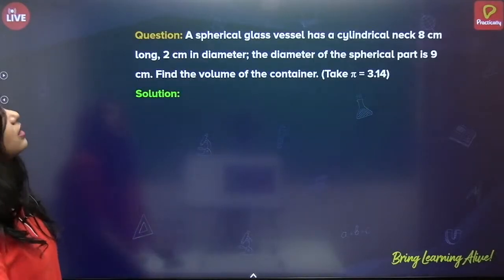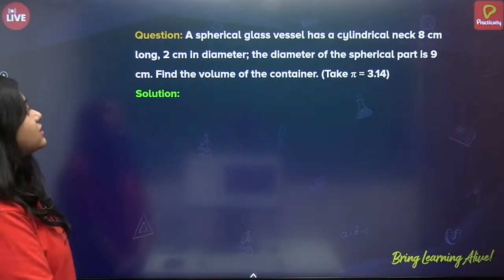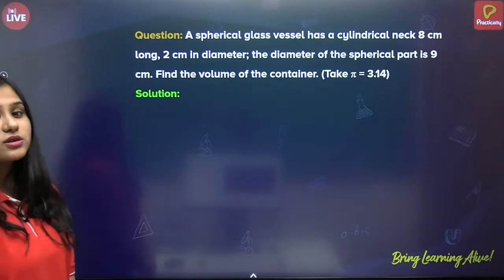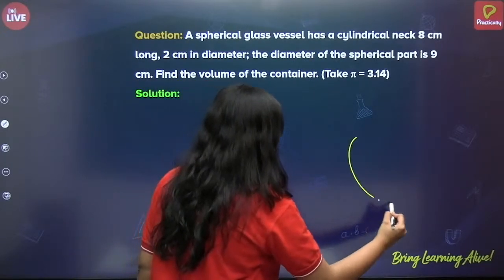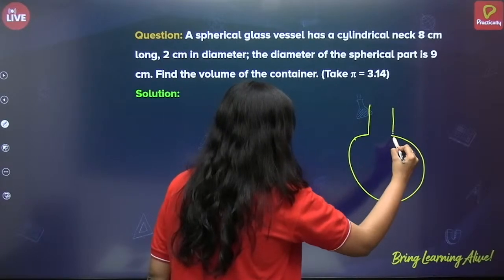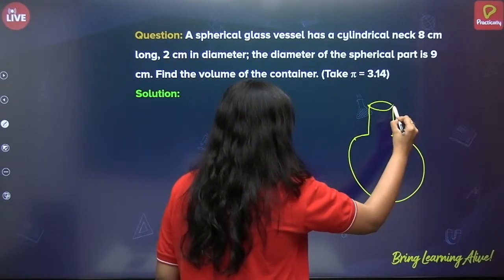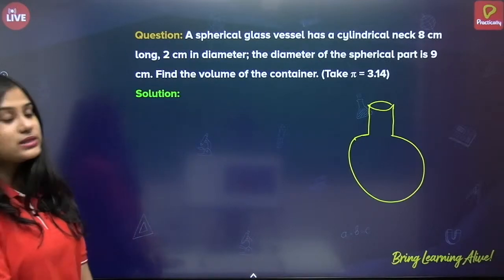Next. A spherical glass vessel has a cylindrical neck 8 centimeters long, 2 centimeter in diameter. Okay, there is a circular glass like this and there is a cylinder here. Okay. And the diameter of the spherical part is 9 centimeters.